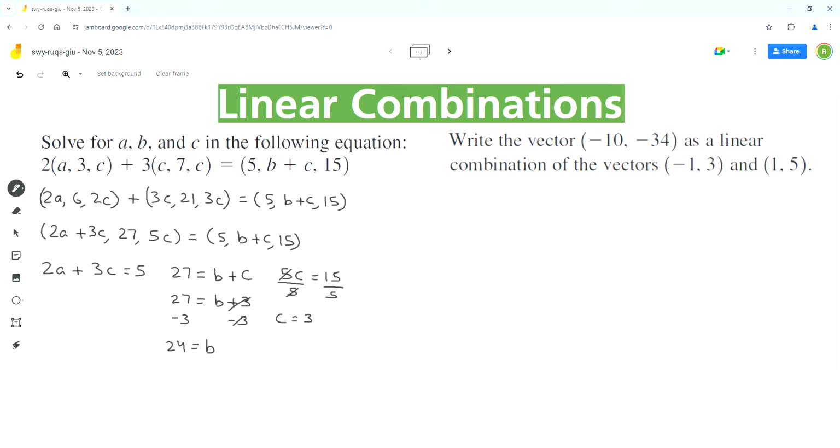Now we can solve for a by subbing in c as 3 in the first equation.